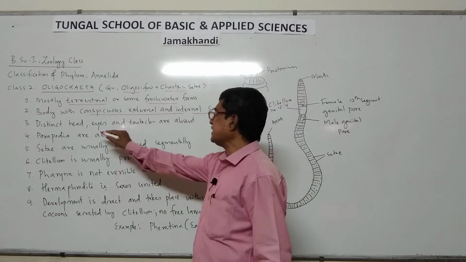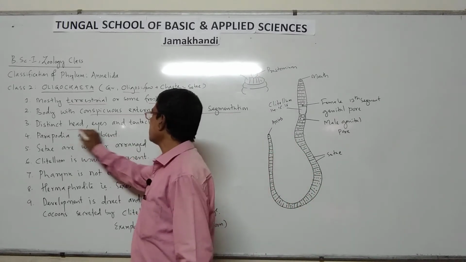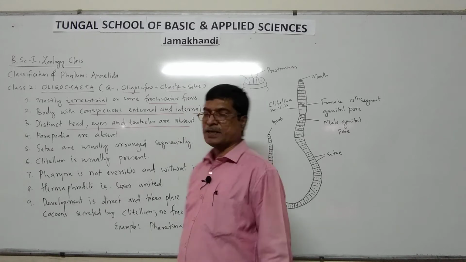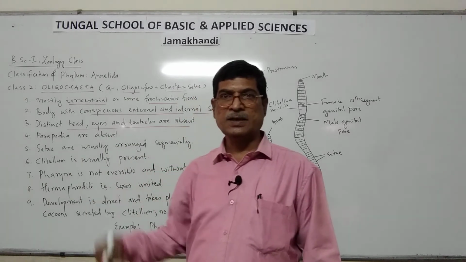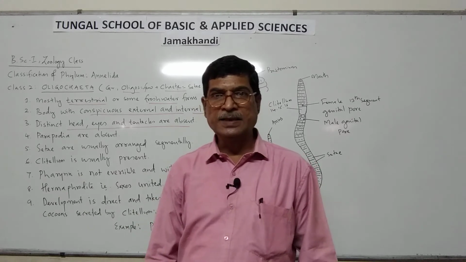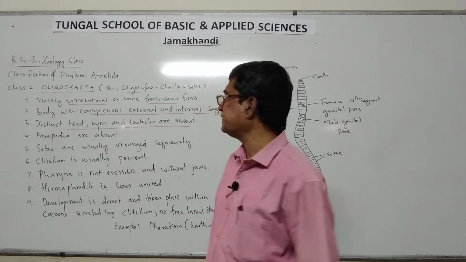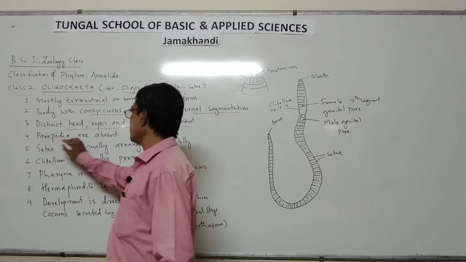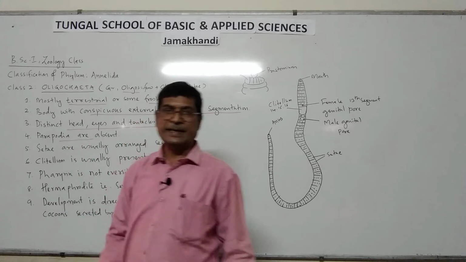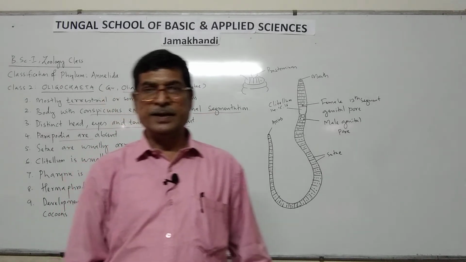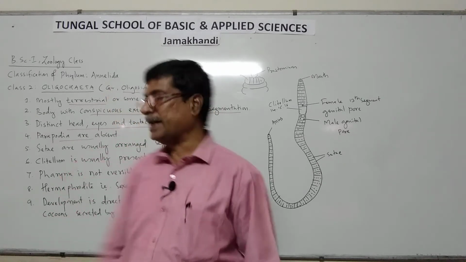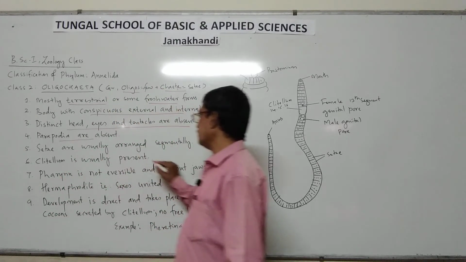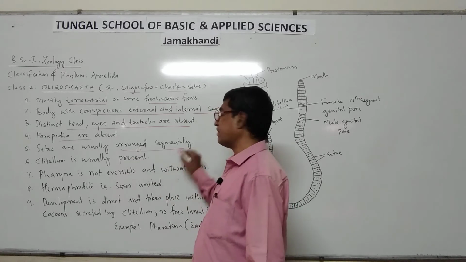Distinct head, eyes, and tentacles are absent, whereas in Polychaeta they were present. Parapodia are also lacking, but in Nereis, in Polychaeta, the parapodia are present. Here parapodia are lacking. Setae are usually arranged segmentally.